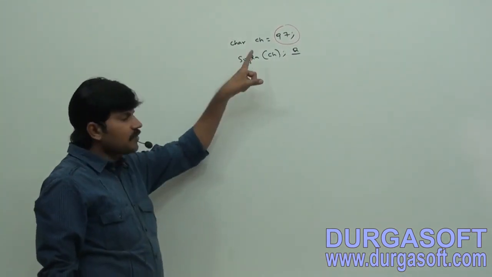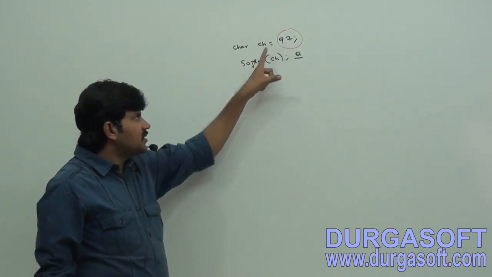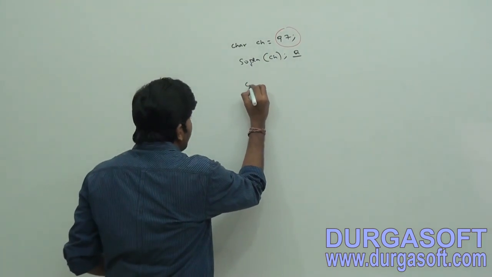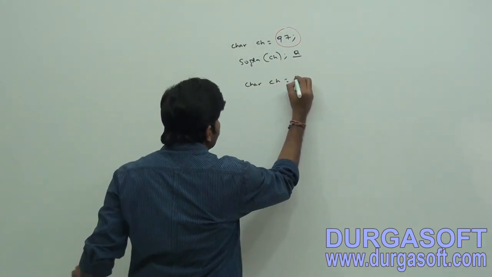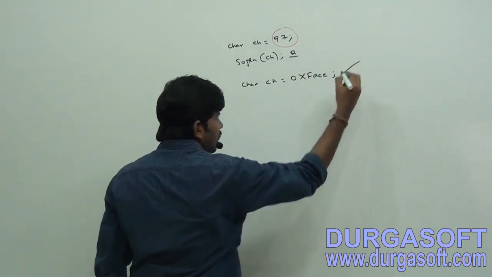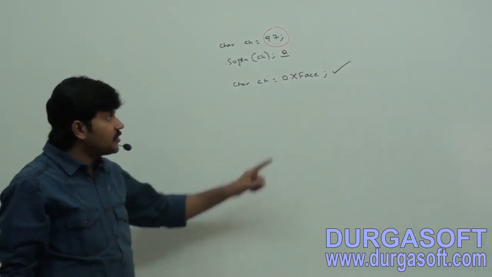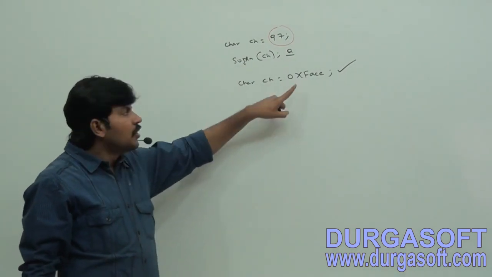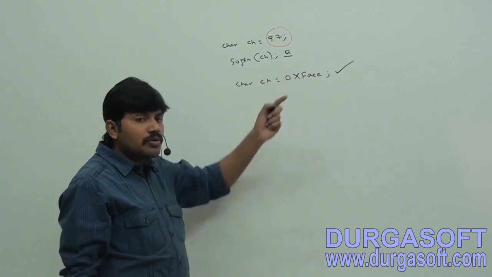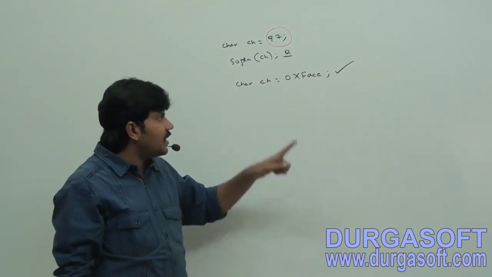For example, char ch = 97, printing ch gives 'a'. Now I am taking char ch = 0xface. Valid or not? Valid, because an integral literal can be specified in hexadecimal form also. Its value is 64,206, and the corresponding character will be assigned.